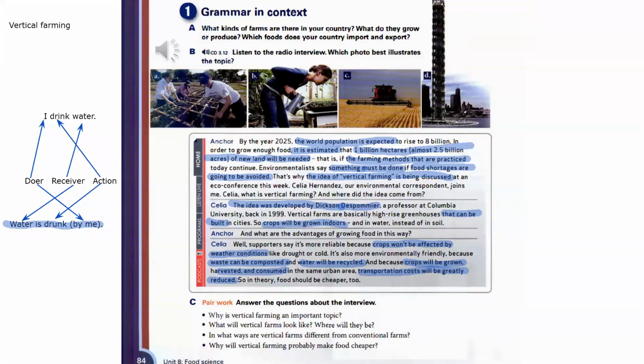So do you have the answer? Why do you think this is important?